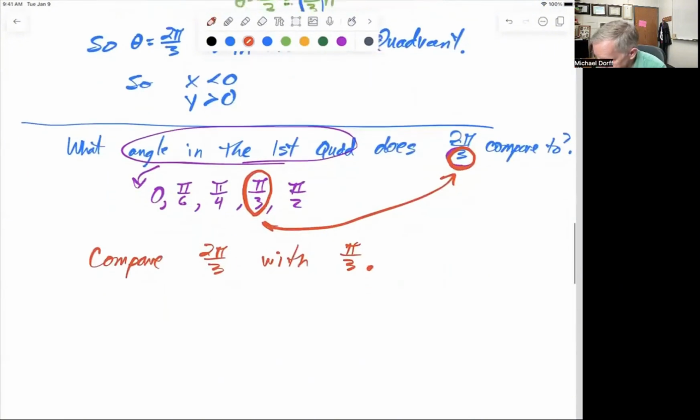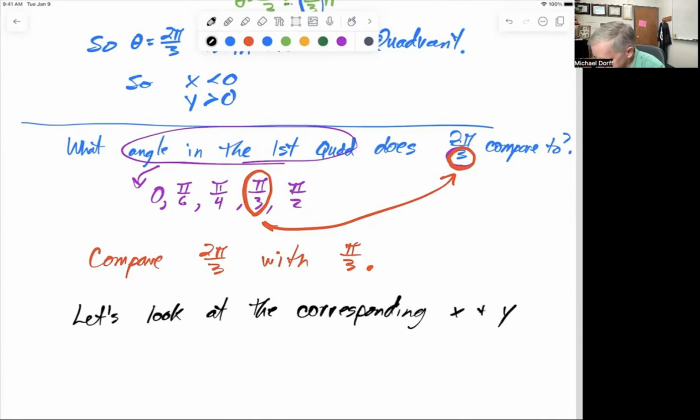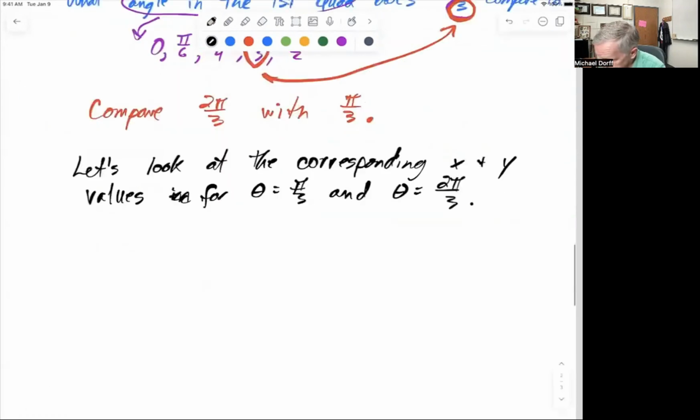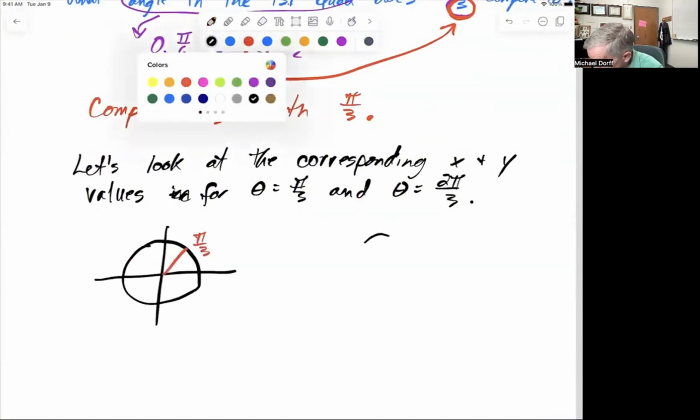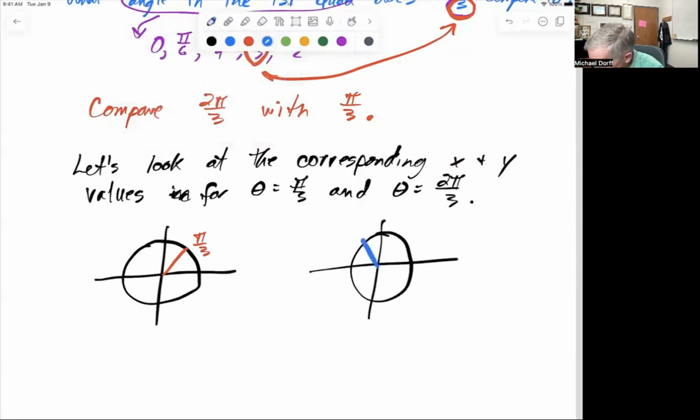Now we need to look at the corresponding x and y values for theta equals pi over 3 and theta equals 2 pi over 3. So let's draw some pictures here. Here's pi over 3, and here we're going to get 2 pi over 3.